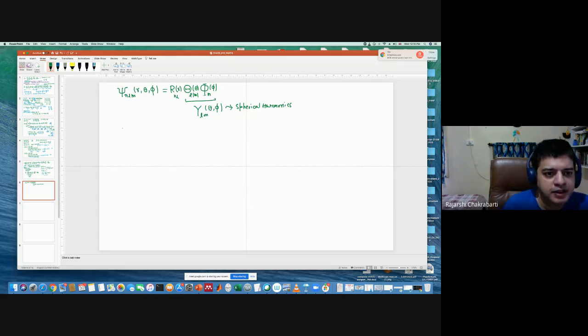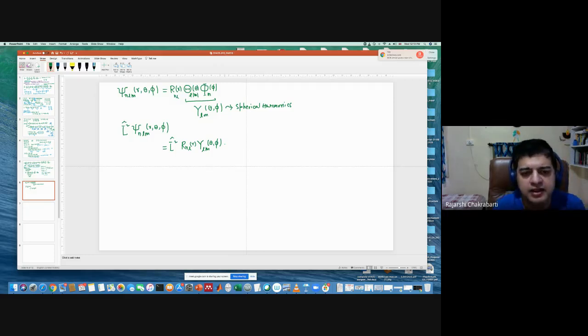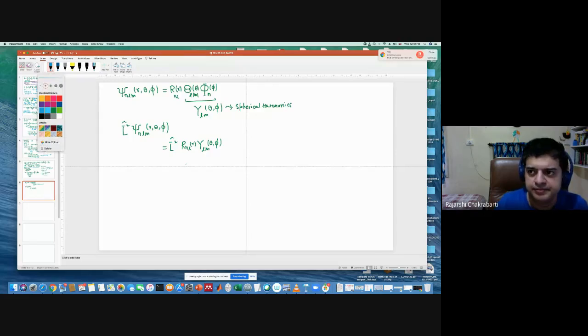Now if I take this operator L square and operate on this psi n L m, which is a function of r, theta, phi, this is equal to L square operating on R n l times Y l m theta phi. But there's a catch here. R n l has no theta phi dependence, isn't it?